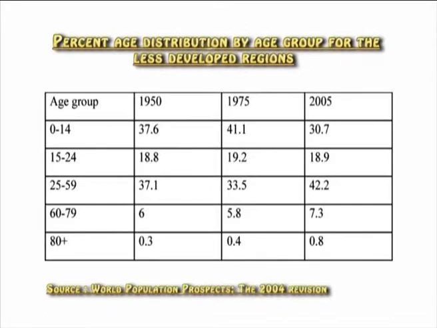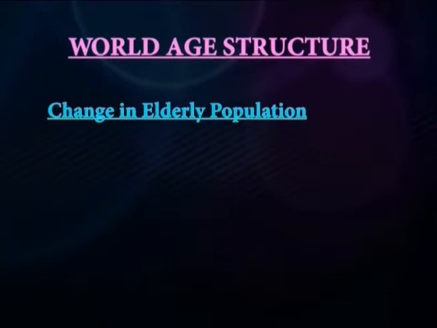Table 2 shows that there has been a decline in the proportion of children between 1950 and 2005, while the proportion above 60 has increased between the same time for the less developed regions. Change in elderly population.